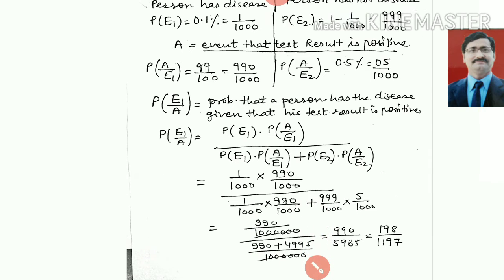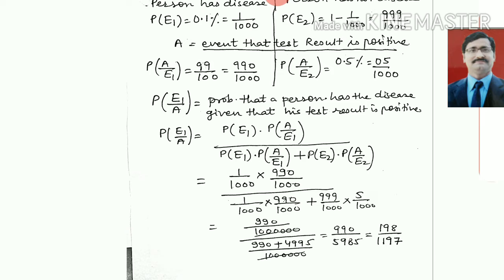Now take the LCM, you will get 1000 into 1000, and you get this calculation: 990 upon 5985. Cancel by 5, you get 198 upon 1197. So this is your answer.